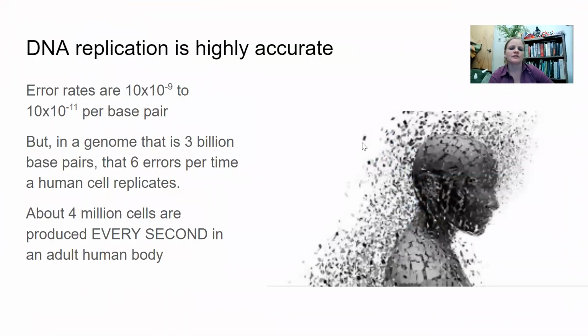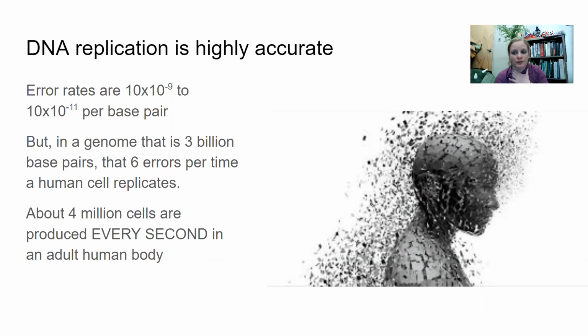All right, so it's important to keep in mind that DNA replication is super accurate. Error rates are like 1 in a billion or even less than that. But if you think about the scale of DNA replication, even that extremely low error rate can cause significant problems.